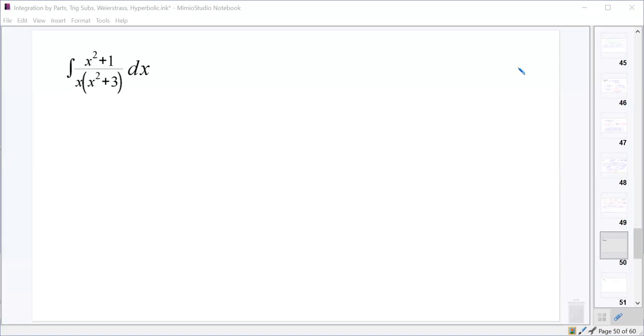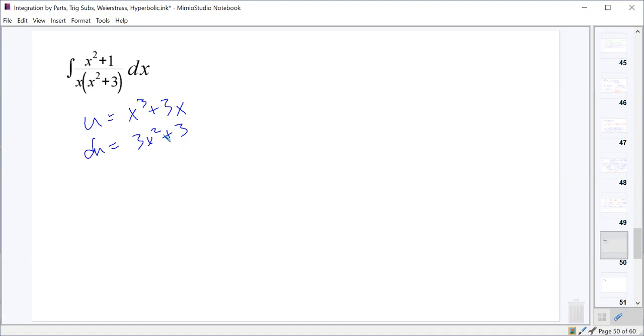So what's the first thing you did? Not partial fractions. Yeah. You looked at it and you said, oh, that denominator is x cubed plus 3x. Let's let u be that. And then du will be 3x squared plus 3.